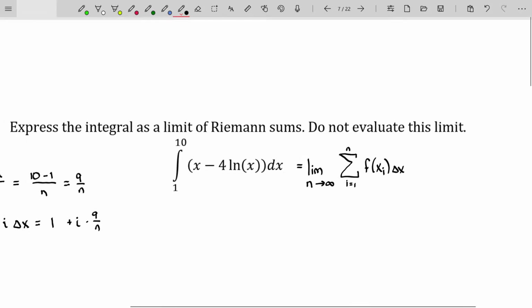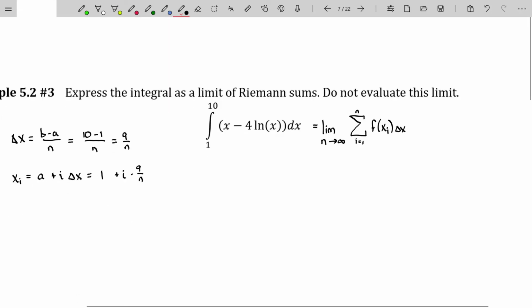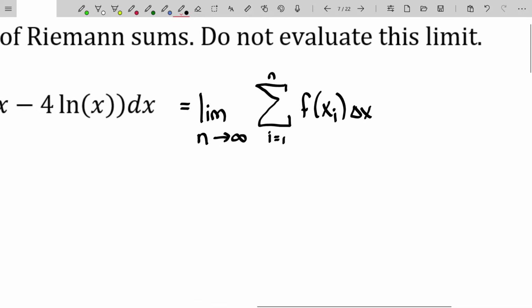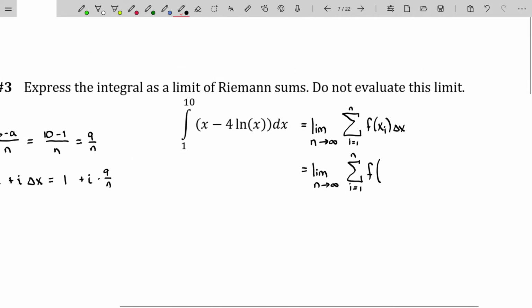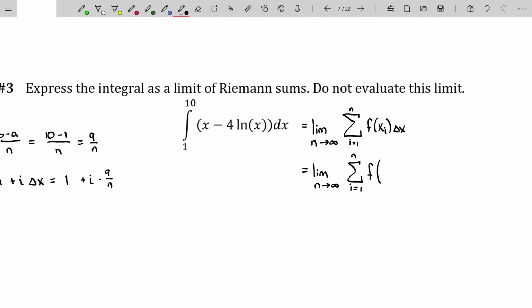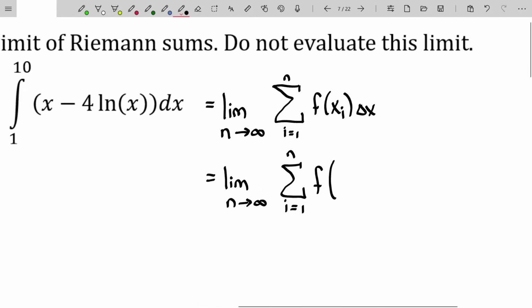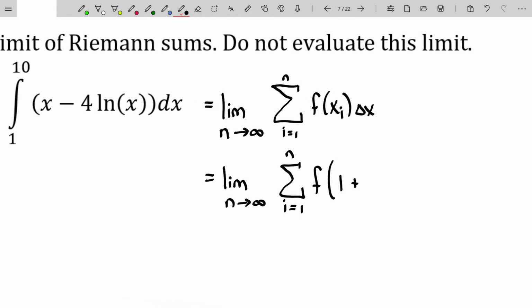I just computed it over here, so let me go ahead and insert all those values in. This is going to be equal to the limit as n tends to infinity of the summation I equals 1 to n of f evaluated at x sub I, which we said is 1 plus 9i over n, times delta x, which was 9 over n.